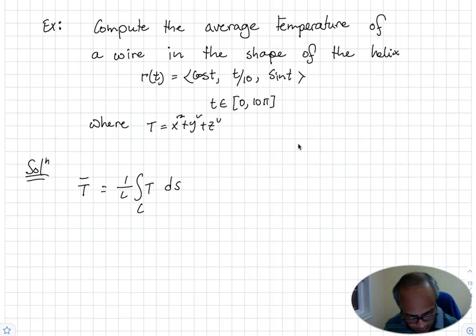Okay, so length of the curve C, length of the helix. Helix is given in terms of a parameter t, going from 0 to 10 pi. So how do we calculate length?